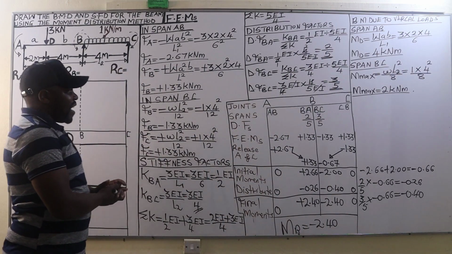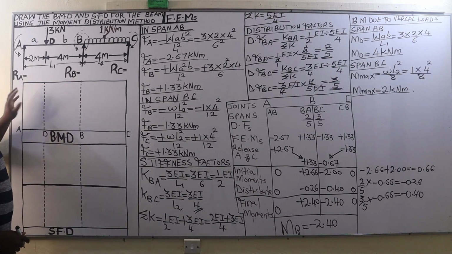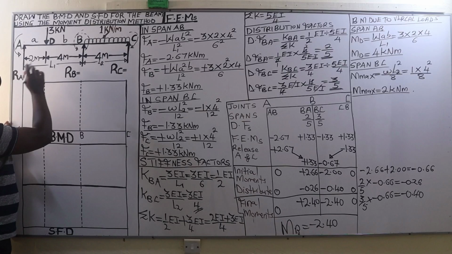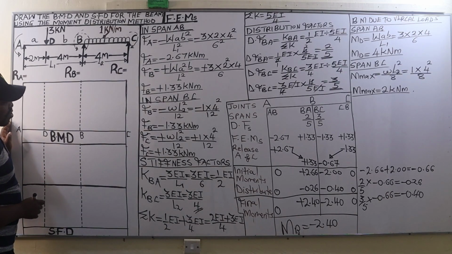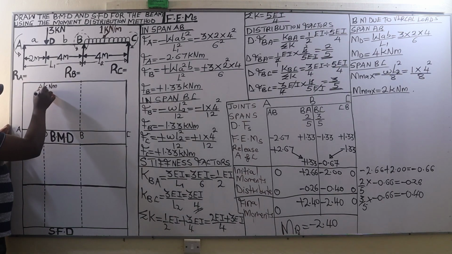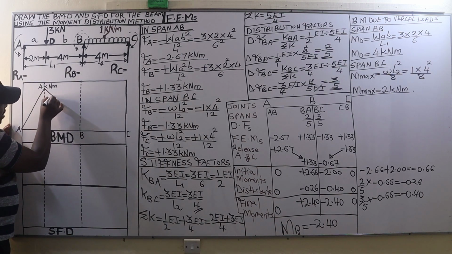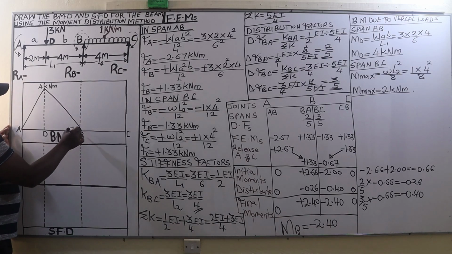After that, we can now plot the bending moment diagram. Let's begin with the bending moments due to vertical loads. On the span AB, we got the bending moment at D, which is 4 kilonewton meters, so let's have it at this point. We join bending moment at A to it, and then join it to B as well.